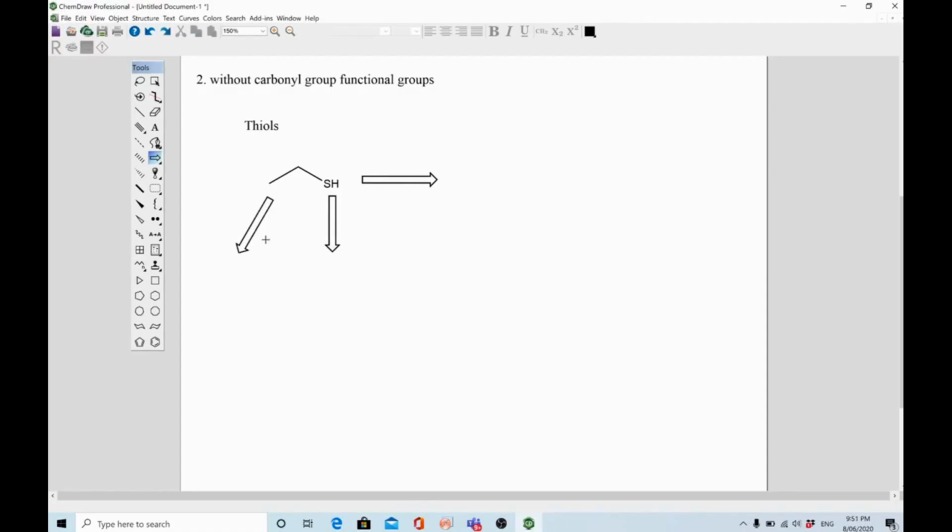But okay, so I will write 1 degree for primary, 2 degree for secondary and 3 degree for tertiary. And so this is our primary thiol, which is connected to CH2, 2 hydrogens next to it.